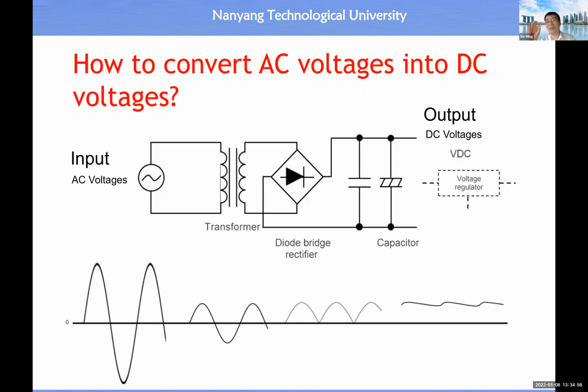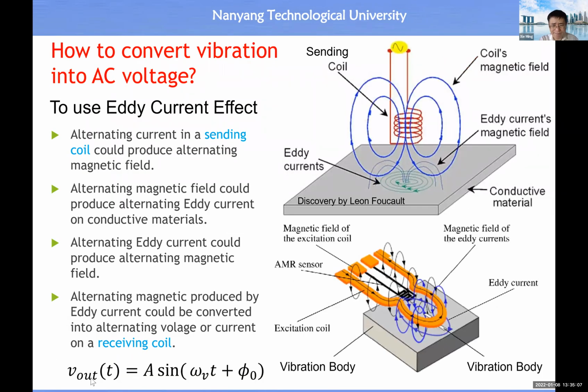Then from the time function of DC, we should be able to know the magnitude and the omega V. Okay, and here is the output from the AC-DC conversion. So this corresponds to the time function of a DC voltage. So this is the output after AC to DC conversion.